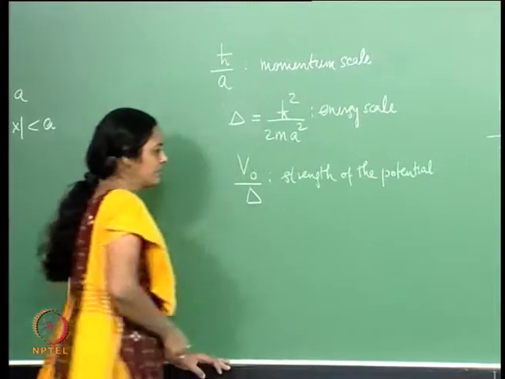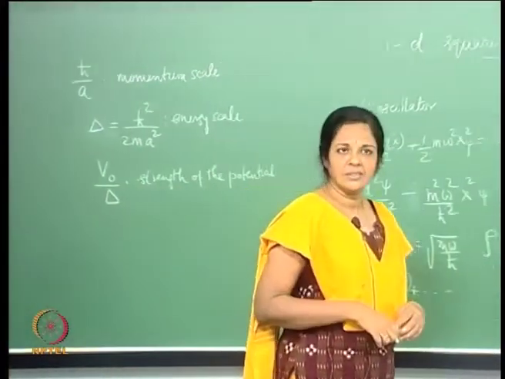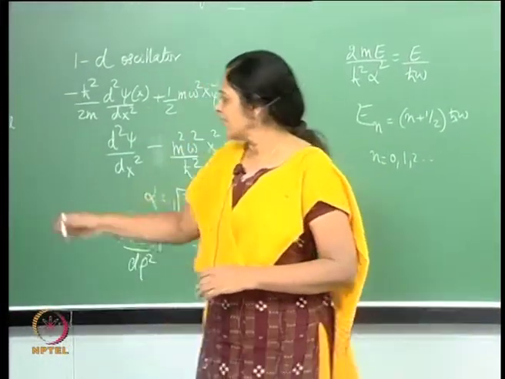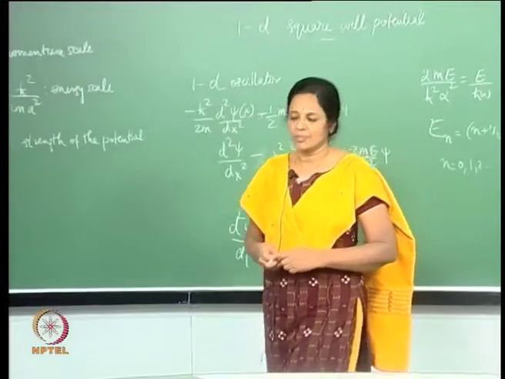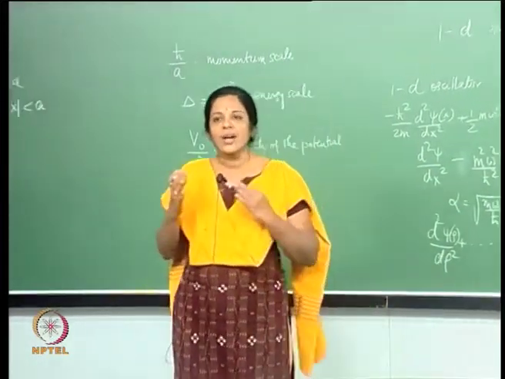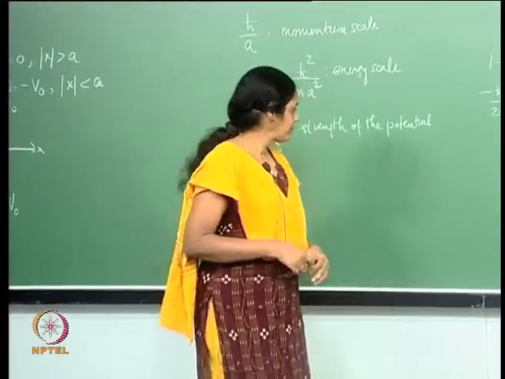In other words, I can tell you that V naught is 5 delta, 7 delta, 70 delta, 2.5 delta, whatever. But delta sets the energy scale in the problem. So typically in these problems, it's good to identify length scales, energy scales, and so on.